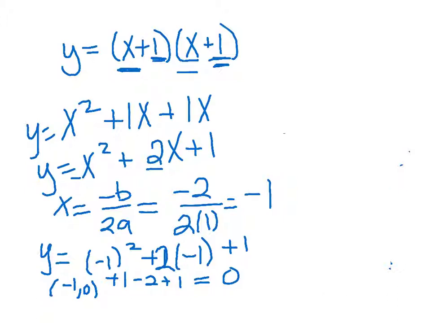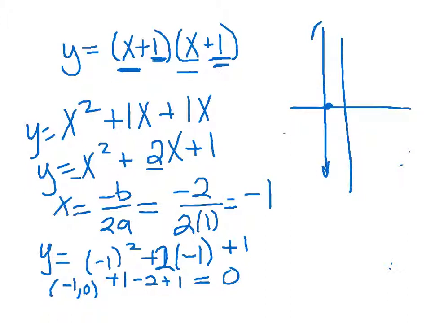So let's look at the graph. Vertex at negative 1, 0, opens up. Here's our line of symmetry at negative 1, which is the x value here.